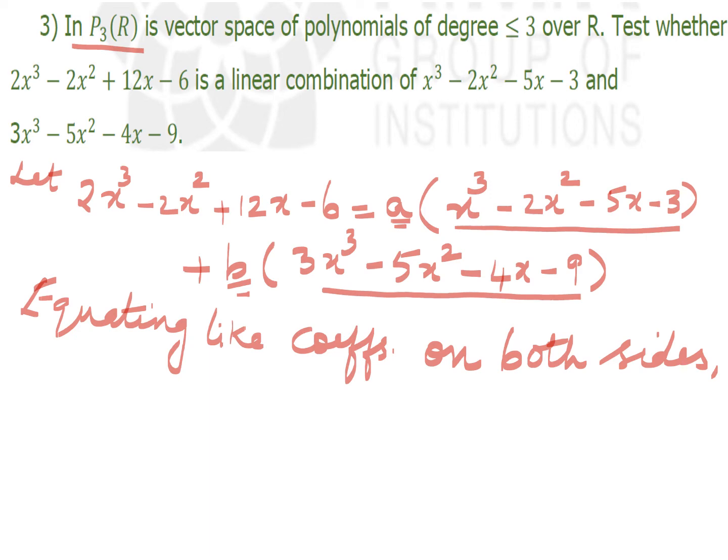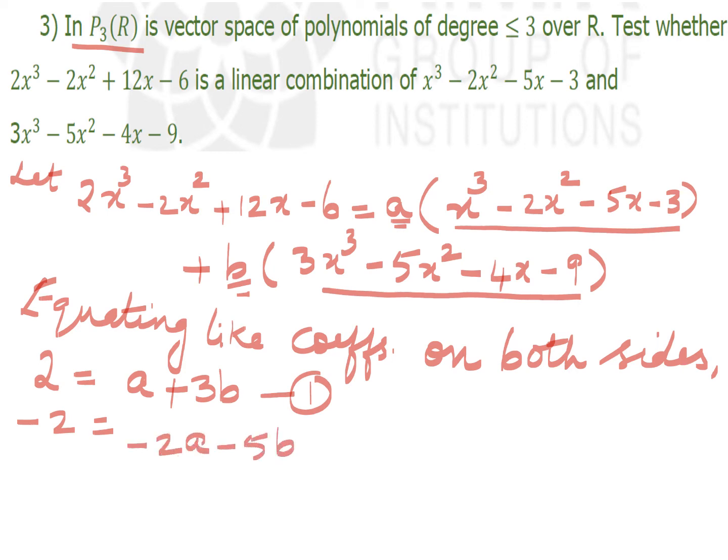So for the x cubed coefficient, on the left hand side it is 2, on the right hand side it is a plus 3b. Let me call this equation 1. Then the x squared coefficient: minus 2 on the left, whereas here it is minus 2a minus 5b.